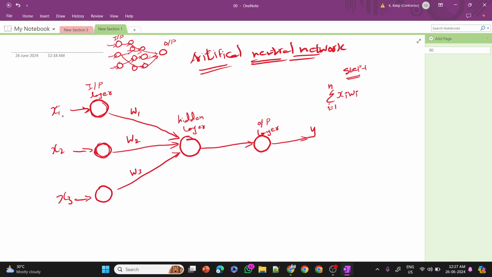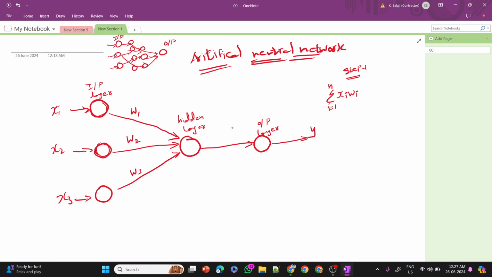That means x1 and w1 are multiplied, x2 and w2 are multiplied, and x3 and w3 are multiplied. This w is called weight. These are multiplied together and given to the neuron of a hidden layer.